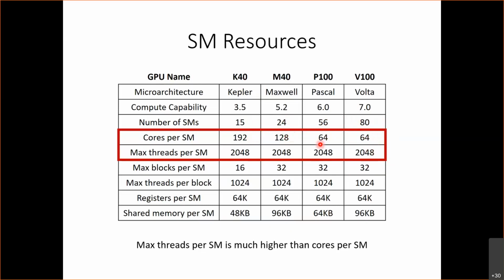There are probably all kinds of good reasons why NVIDIA does the things that it does that their hardware experts know that we may or may not know. But one intuition here is that you're increasing your ratio of threads to cores in order to be able to hide latency.